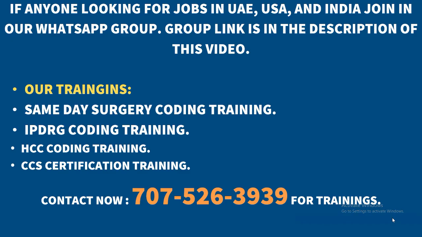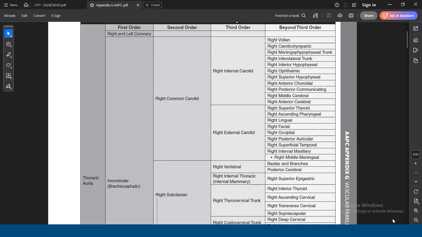Next question, what is the golden rule in catheterization coding? Always code based on the catheter tip location. For example, the catheter is inserted through the thoracic aorta and goes to the innominate, then the right common carotid, right internal carotid, and right ophthalmic.